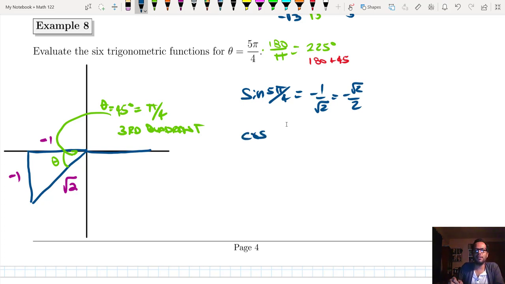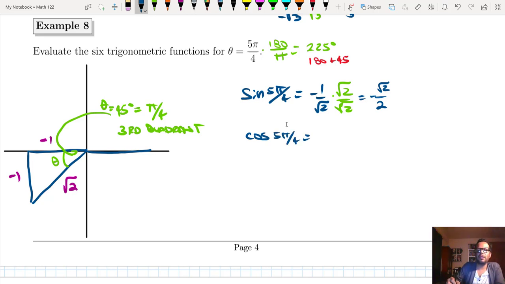Let me actually do the rationalizing steps so you know where this is coming from. And this will be negative root of 2 divided by 2. Cosine 5 pi over 4 is going to be the same, negative 1 over root of 2, which is the same as negative root of 2 over 2 from sine, because it's the same numbers even though it's adjacent over hypotenuse.